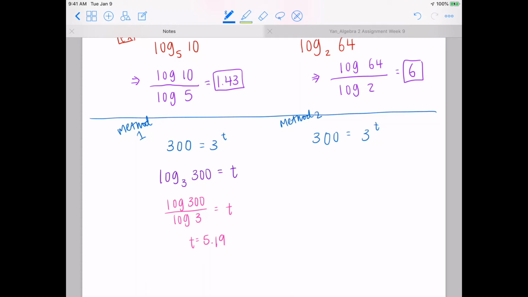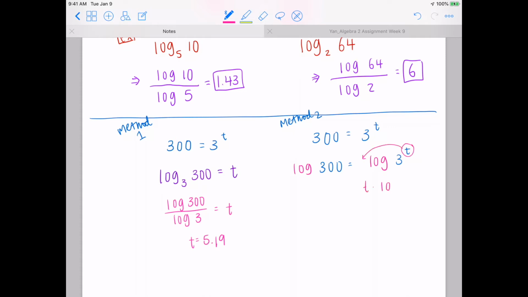I personally like method 2 better, because for my question, I'm actually going to take log on both sides. To balance out the equation, I take log on both sides. And remember from our previous section, any exponent that you have inside your log, we can take that exponent and bring it to the front.